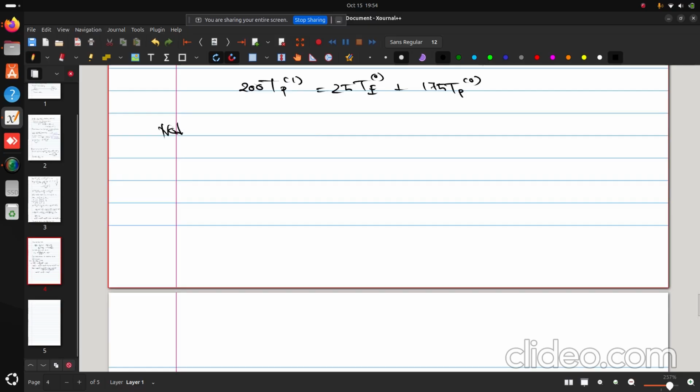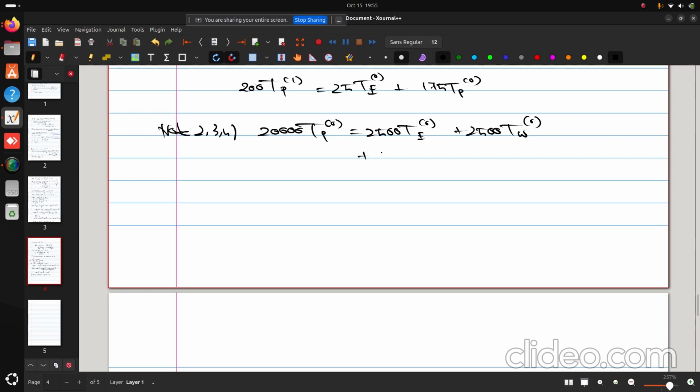What about node 2, 3 and 4? It will be 20,000 TP naught, 2500 T East plus 2500 T West minus, which is 0.